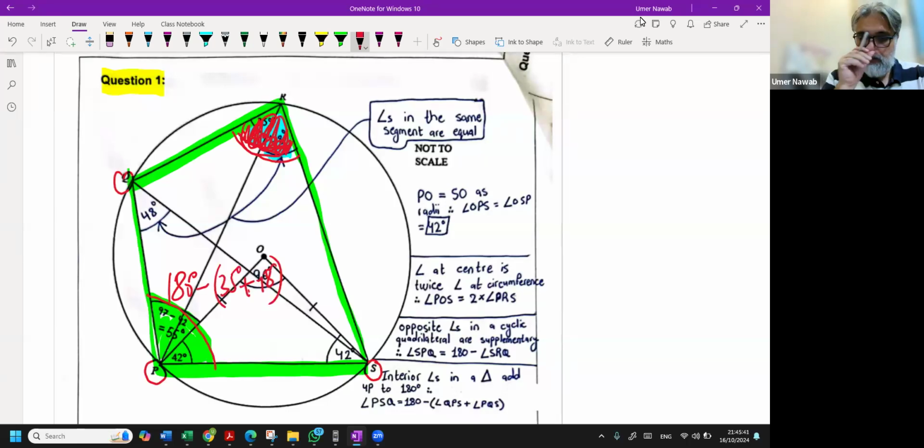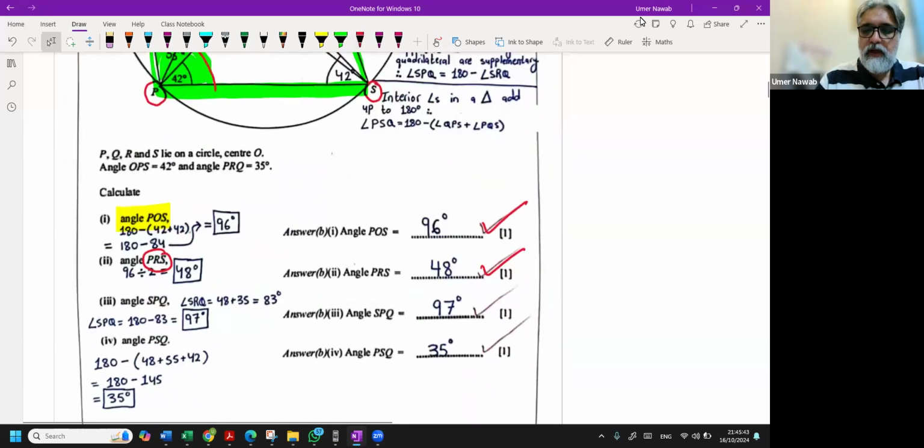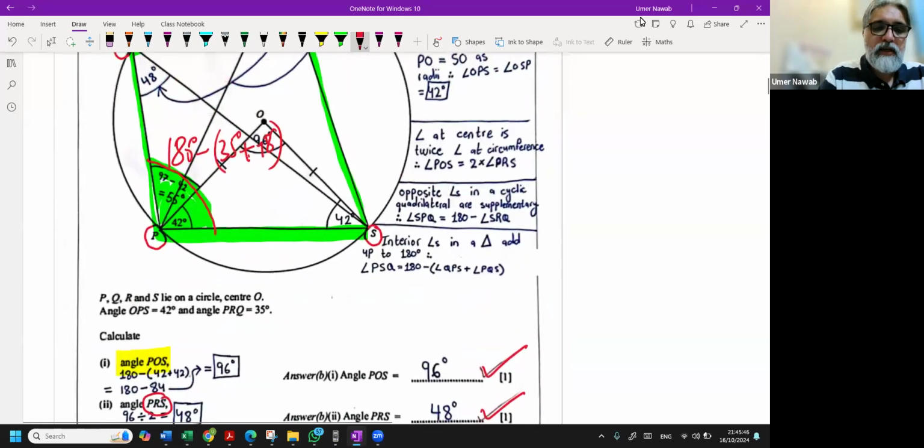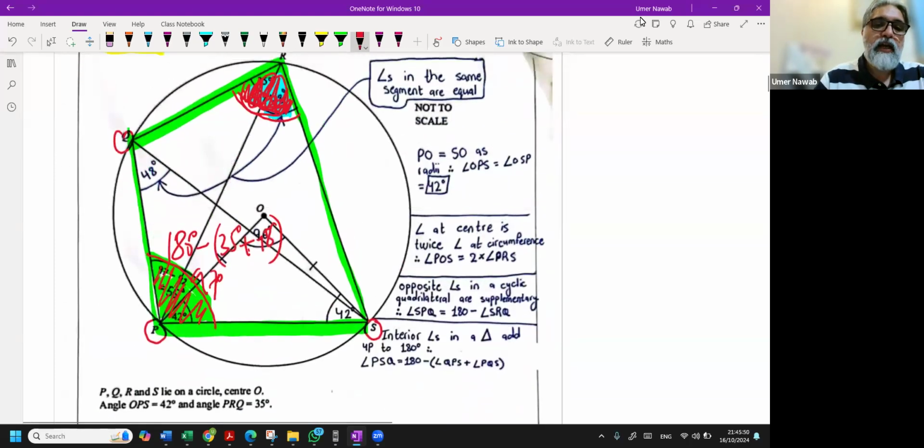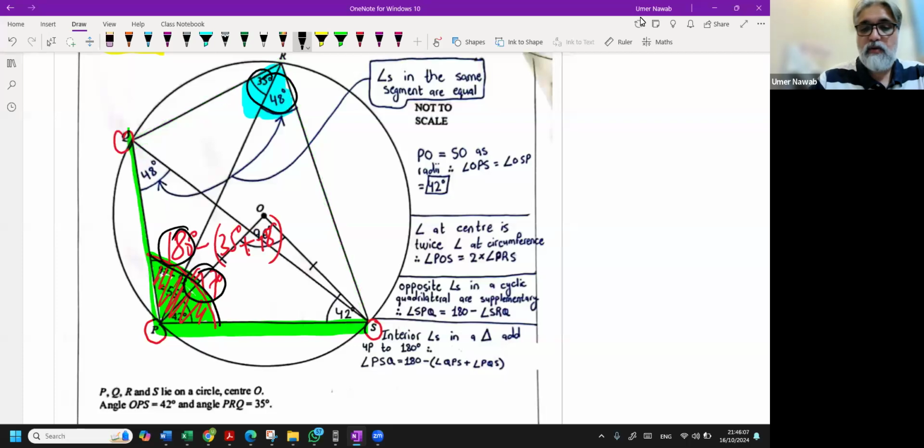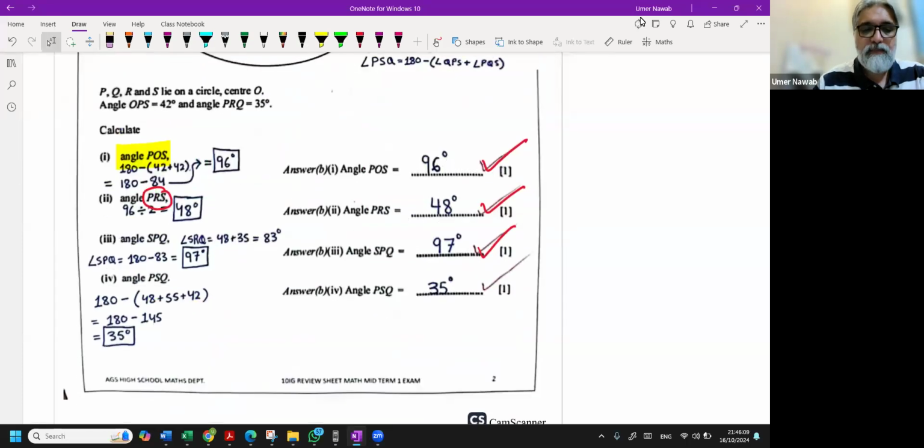The answer comes to 97. So this total angle is 97. And how did I get it? Because I found that this angle is in total 35 plus 48. When I added them up, I subtracted it from 180 to get 97, the opposite angle in a cyclic quadrilateral. So this is also done.